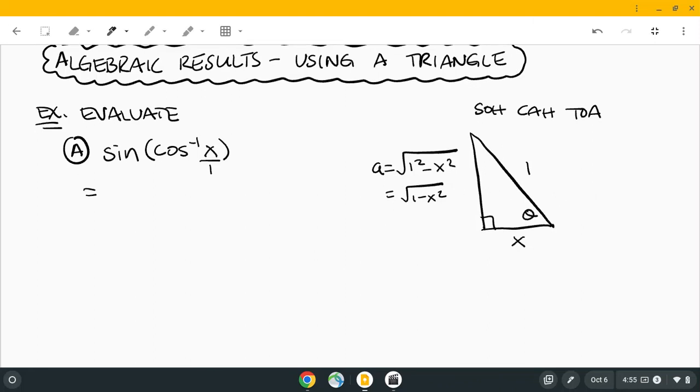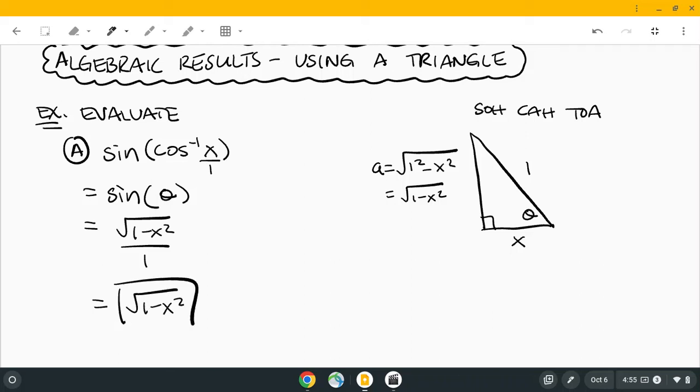So let's break this down. So inside here is the angle, theta. So sine of this theta is SOHCAHTOA, so opposite over hypotenuse. Opposite is square root 1 minus x squared over hypotenuse, which is 1. Okay, but anything over a 1 is itself. So that's just 1 minus x squared square root.